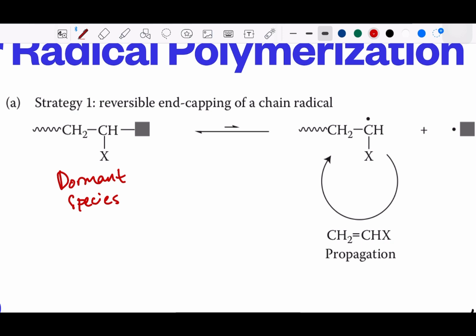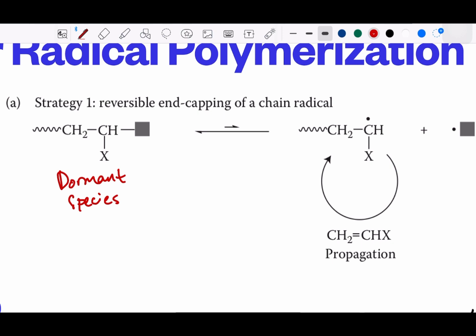So if the reaction is more on the right side, then we are not able to control it, because it's going to be a radical. We can control the radical, but if we can make sure it's going to close, the radical is going to be entrapped inside this cap, then we can control, basically.